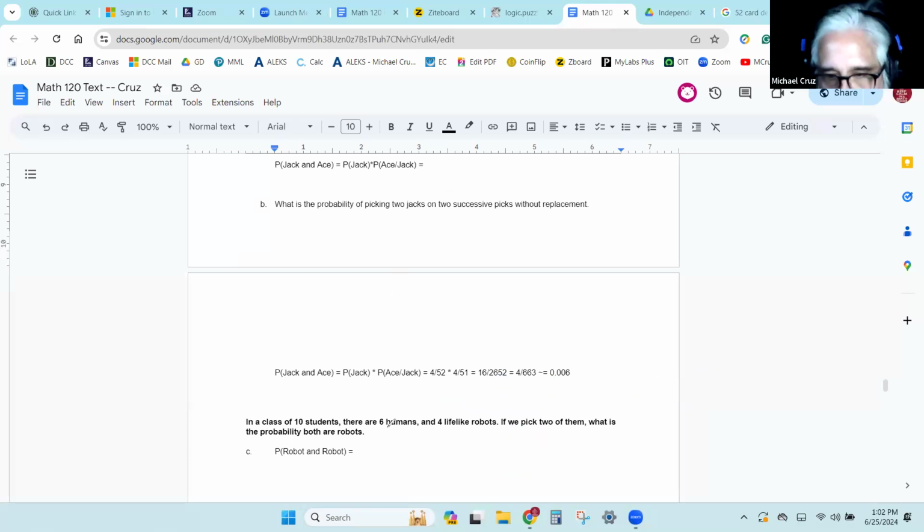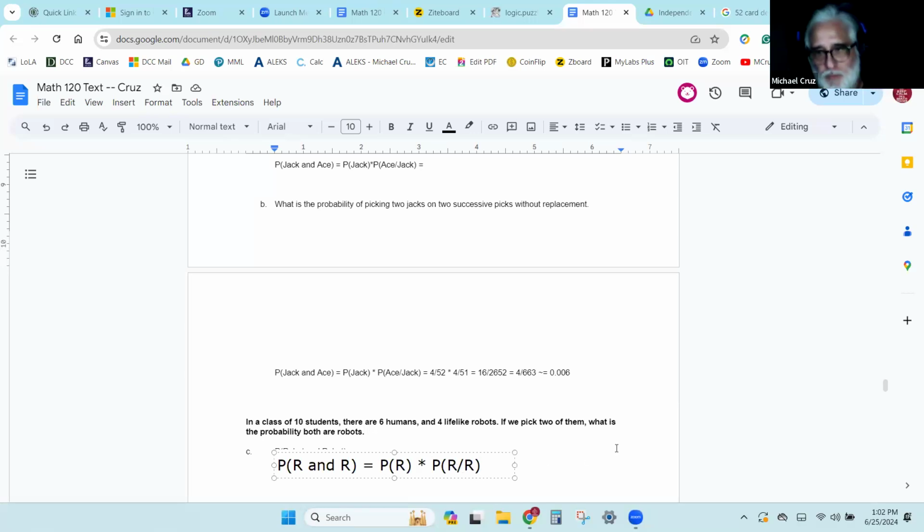So this is conditional, because if we've got 10 students in there and we take one out and send them to the bookstore, now there's only 9 students. So the probability of R and R, robot, is equal to the probability of R times the probability of R given that a robot was picked on the first one.